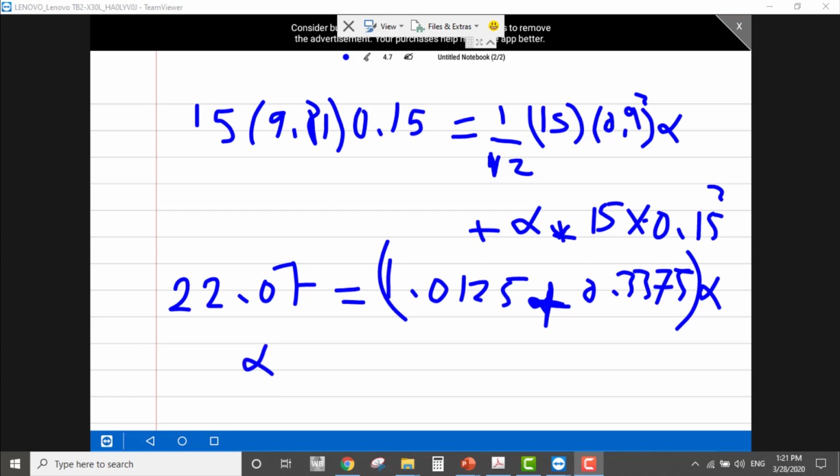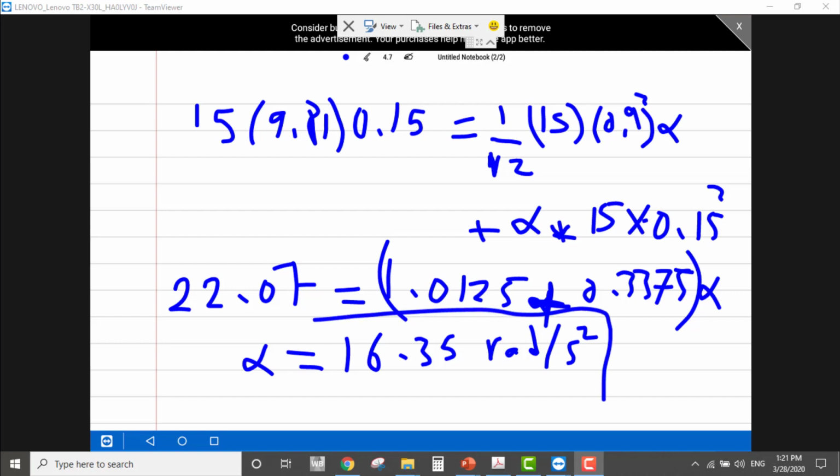So alpha equal to 16.35 rad per second squared. So this is the second requirement, angular acceleration of the cylinder rod.